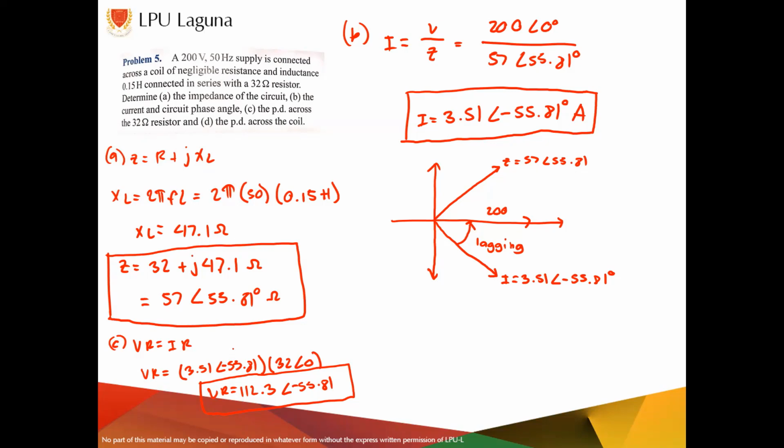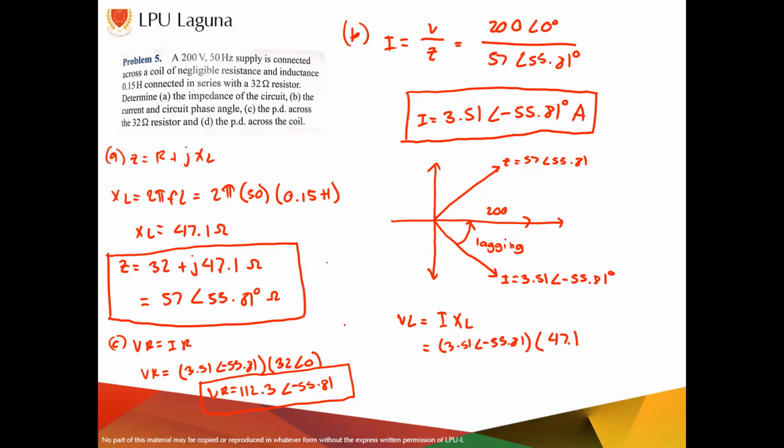The potential difference across the coil. So we have this formula. VL is equals to I XL, or the I is 3.51 bar angle negative 55.81 times XL, which is 47.1.